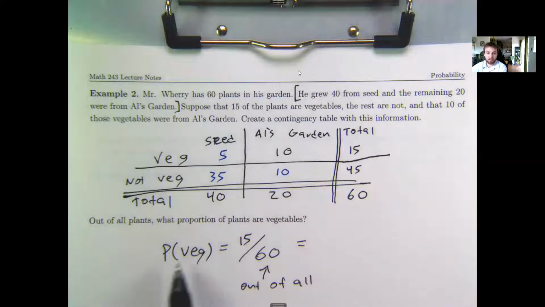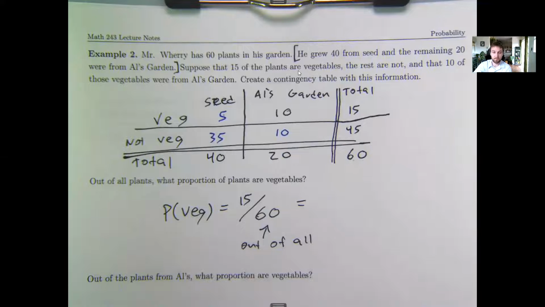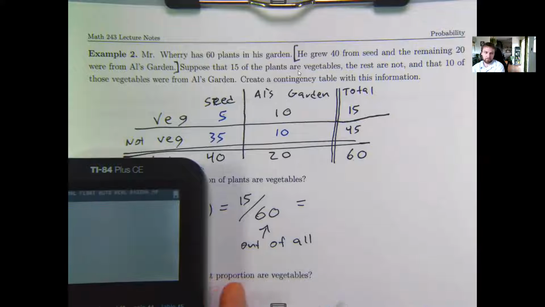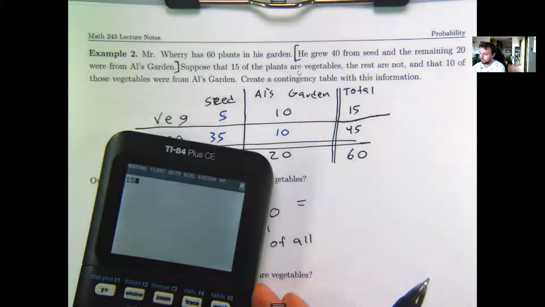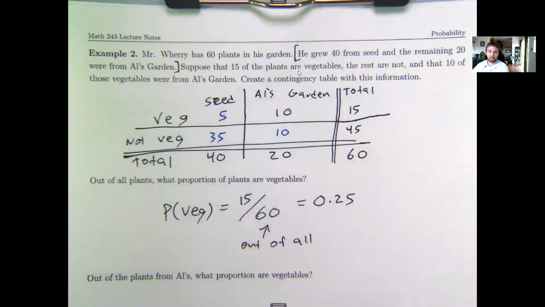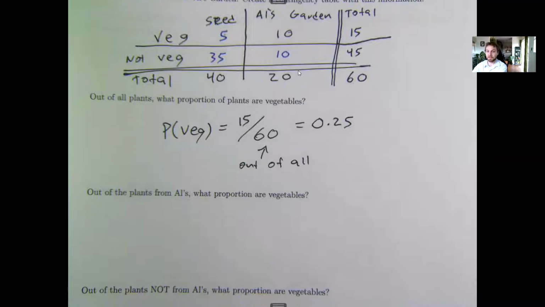So the probability of veggie is 15 out of 60. We type that into a calculator. And when we do so, we get that there was a 25% chance that a randomly selected plant from my garden happens to be a vegetable.